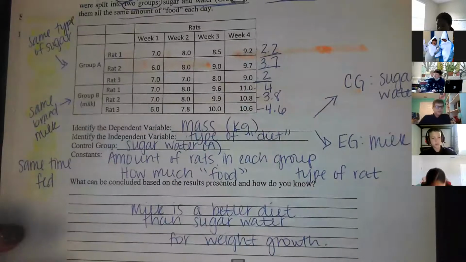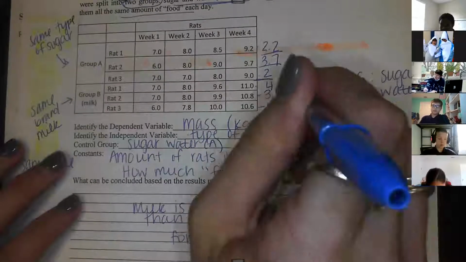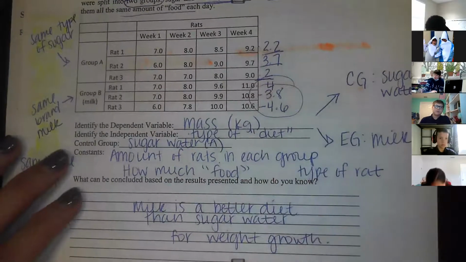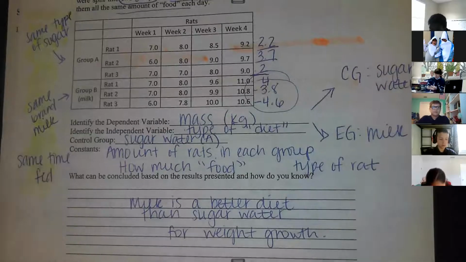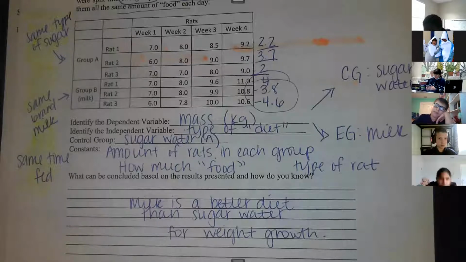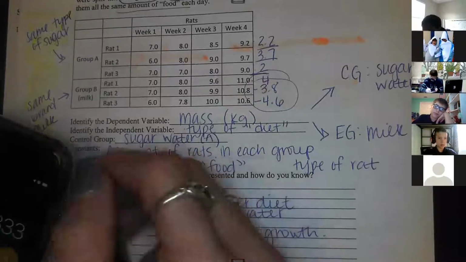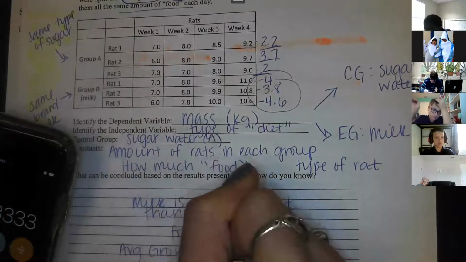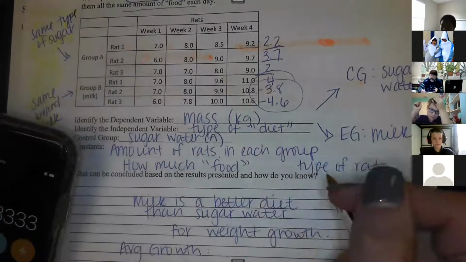And then as a scientist, I could say my average growth for group B was 4 plus 3.8 plus 4.6 divided by 3. When we do average, we add them up and then divide them.